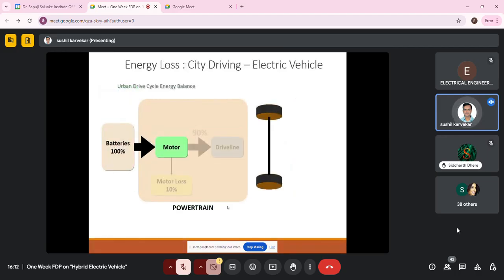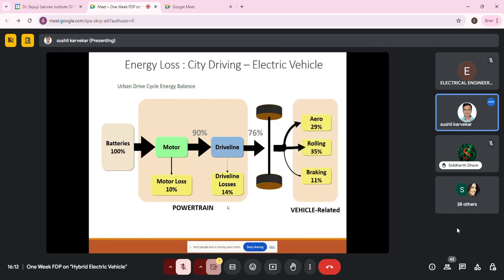If you see this diagram, previously from 100% we are going to have only 10%. These are core as well as copper loss, and both these losses amount to 10%. So the net energy left over for us is 100 minus 10, which is 90%. Inside this driveline, we are having 14% losses.